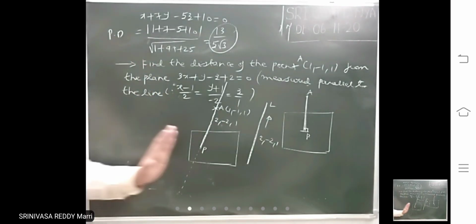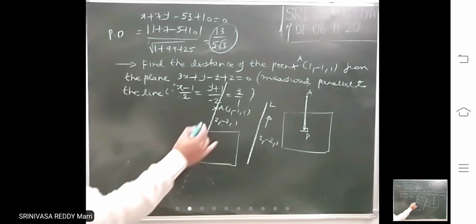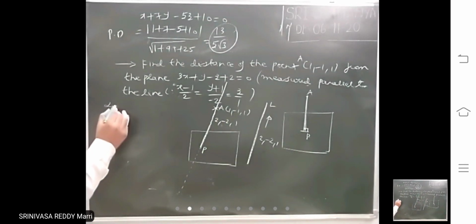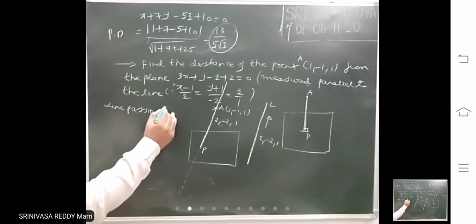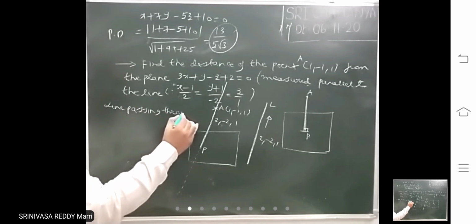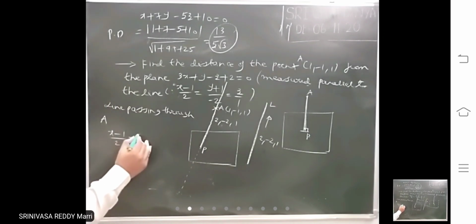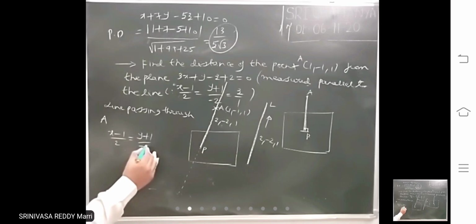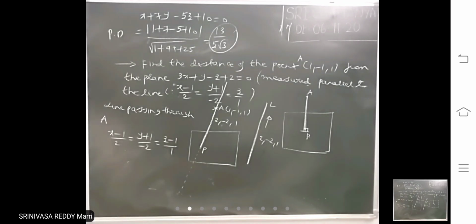Now write the line passing through A. The point is A, DRs are 2 minus 2 1: x minus 1 by 2 equals y plus 1 by minus 2 equals z minus 1 divided by 1. I have written this line.